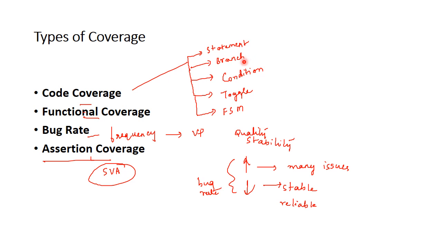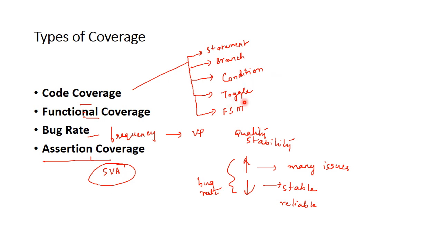Third one is condition coverage, which ensures that each boolean sub-expression in a particular decision has been evaluated to both values, true as well as false, or I can call it logical 1 as well as logical 0 respectively.